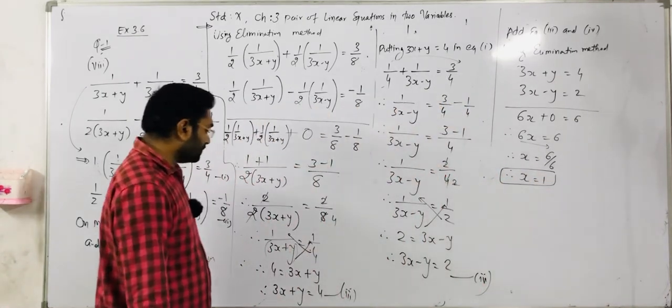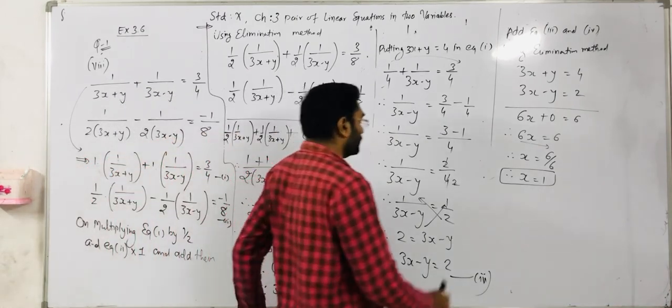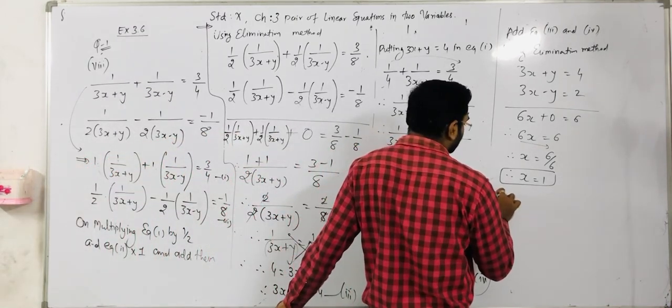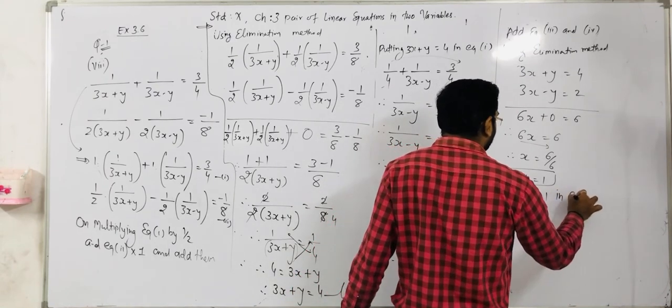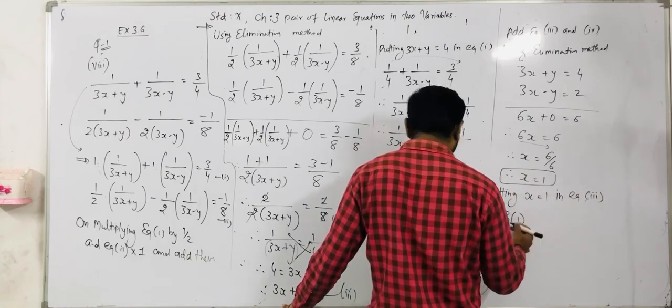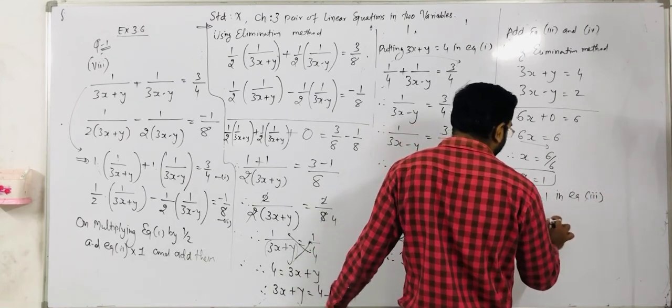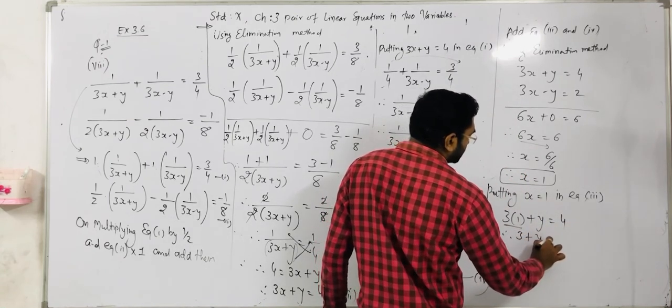Now x is equal to 1, we have to put it in any one of the equations. Suppose in equation number 3 we put x is equal to 1. So 3 times 1 plus y is equal to 4. 3 ones are 3, plus y is equal to 4.